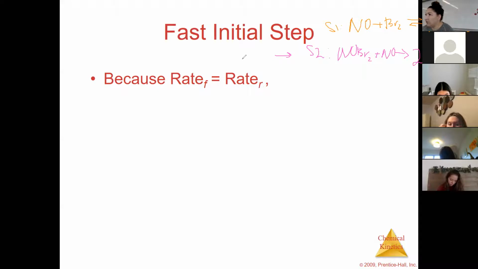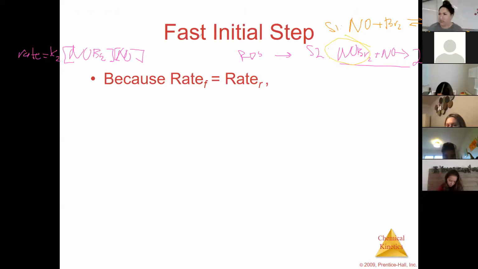And this one's my rate determining step, and they told us that. So the rate law of this we found to be rate equals k2, I'm just going to make a little 2 because it's from step 2, that's all that means, [NOBr2], first order, [NO]. Well, we have a problem because this is an intermediate. So that's what we're trying to do right now, just for context.